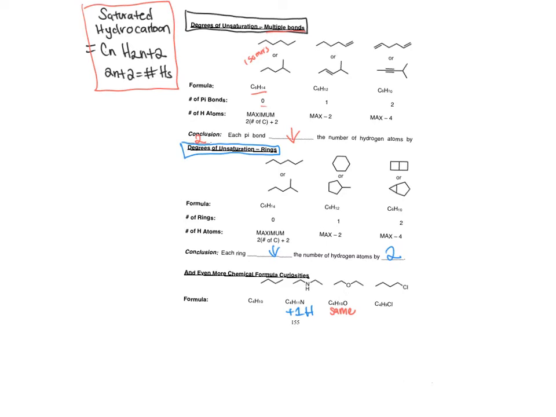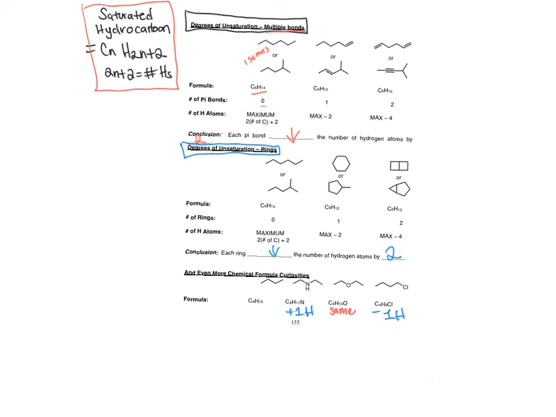But look at the halogen now. So this will be true of all halogens. Notice that if we just put a chlorine on the end, we keep the number of carbons the same, we change the hydrogen count by 1, but this time instead of 1 more, it's 1 less. And that's because chlorine makes 1 bond. So it's like replacing an H. So in other words, we're short 1 H.